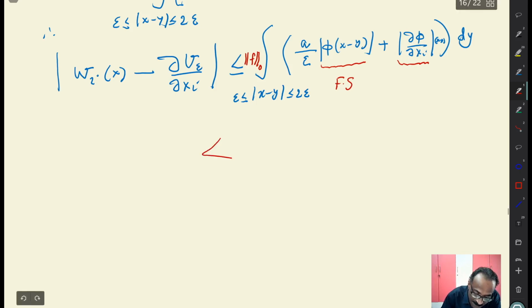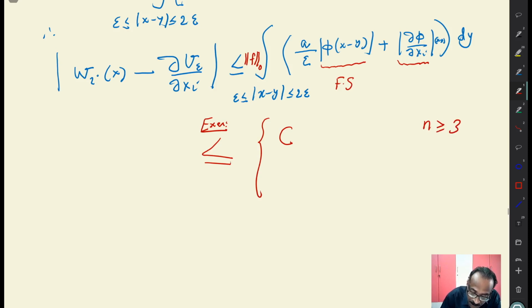So this I will leave as a small exercise for you, which we have done essentially in the PDE course. You can prove this is less than or equal to a constant. This will be a constant. So this will bring an epsilon extra. This will also bring, in n greater than or equal to 3, some epsilon square.